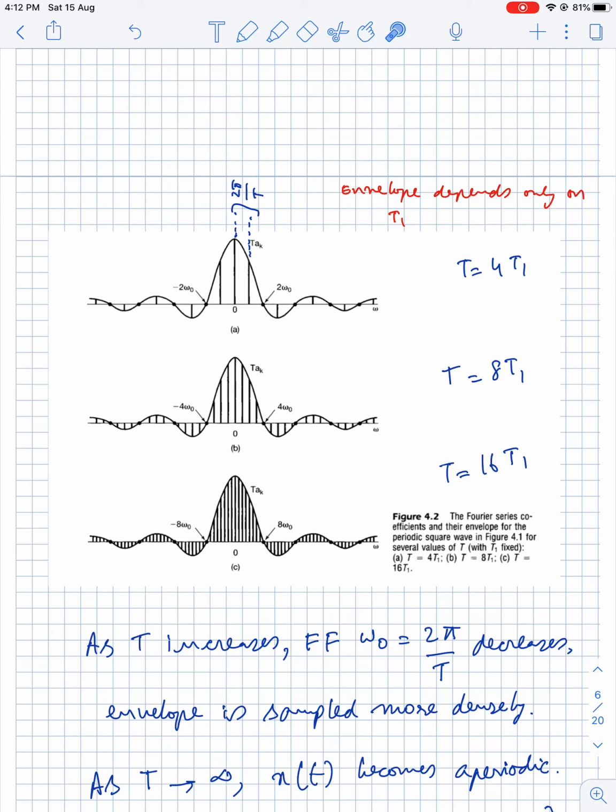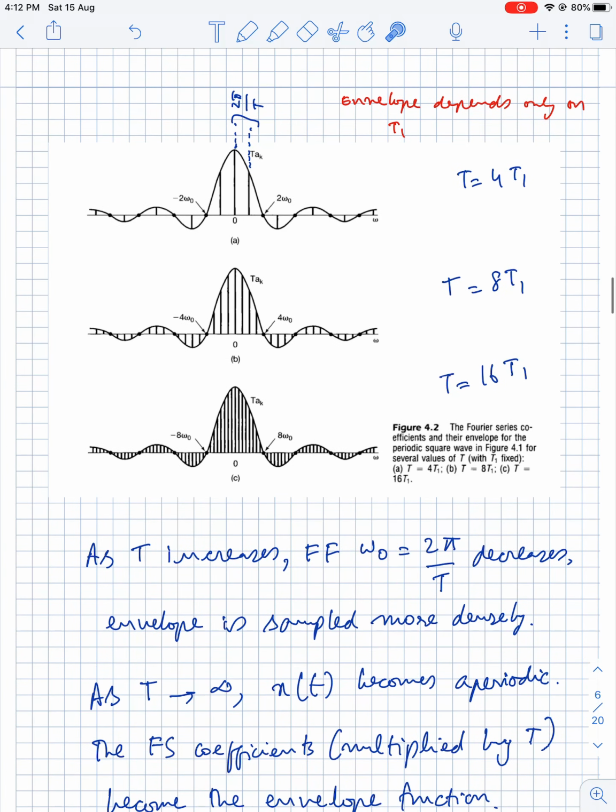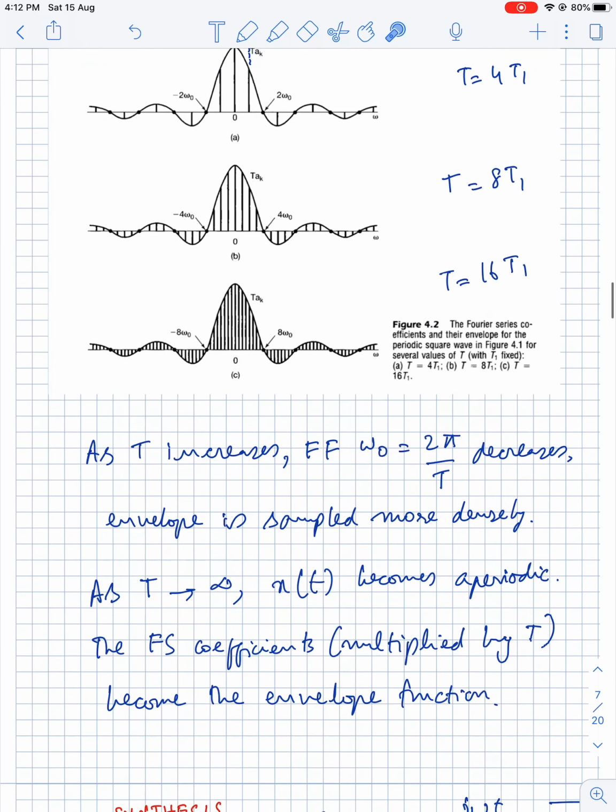So essentially what is happening is, as T is increasing, the space between the samples gets smaller and smaller. As T increases, the fundamental frequency omega naught, which is 2 pi by T, decreases. So essentially it means that the envelope is sampled more and more densely as T becomes larger and larger.